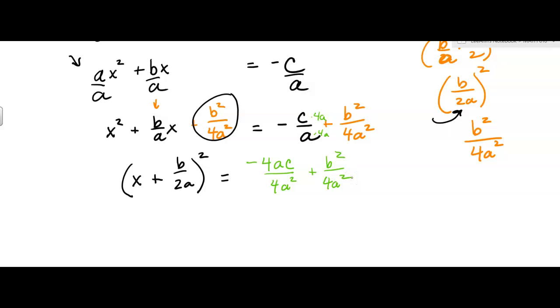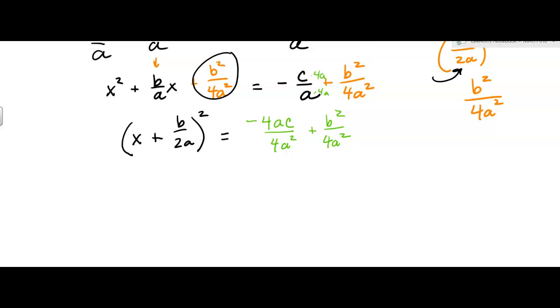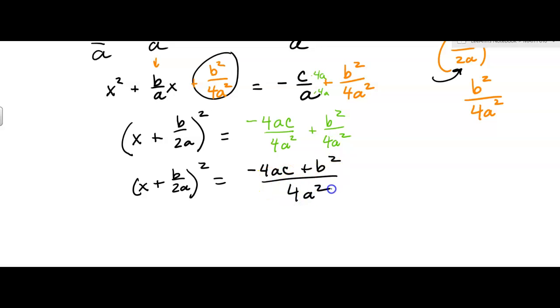Okay. So a little bit more work here. x plus b over 2a squared equals, now, yeah, I'll just write negative 4ac plus b squared over 4a squared. We'll fix that in a minute.